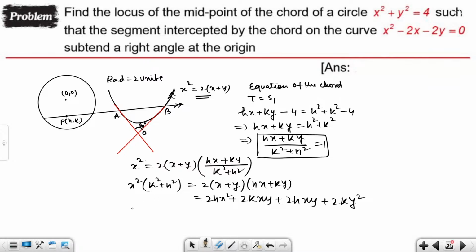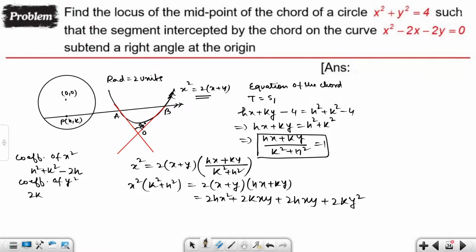Now, the coefficient of x square is what? It's h square plus k square minus 2h. And what is the coefficient of y square? Coefficient of y square is 2k only. Okay? Is it clear?